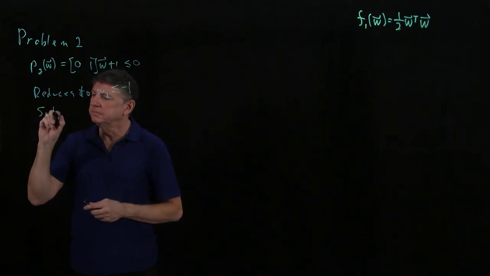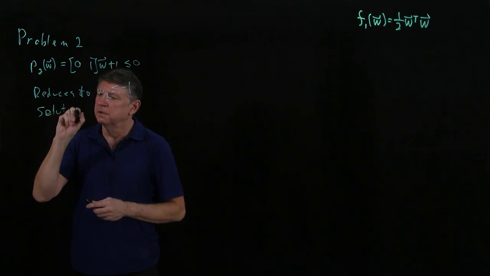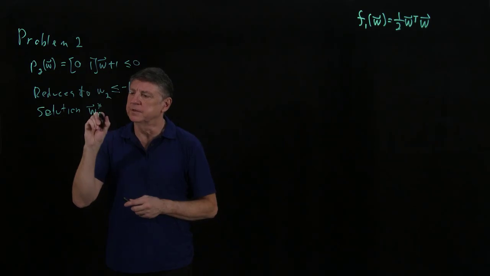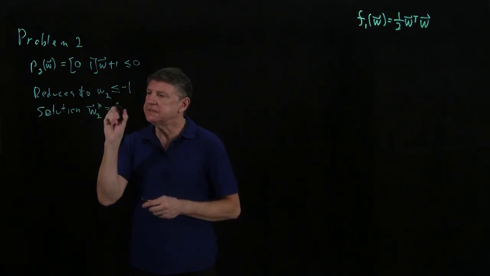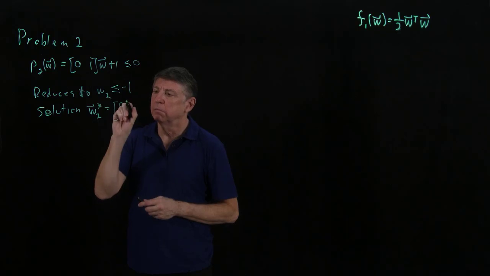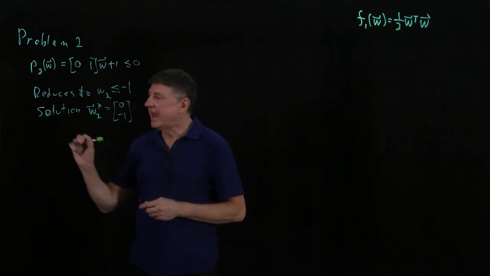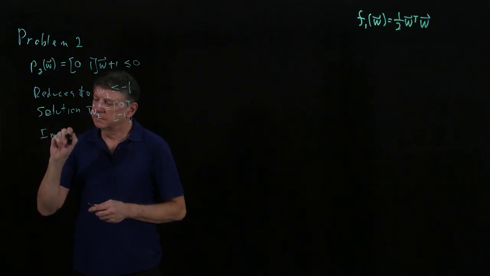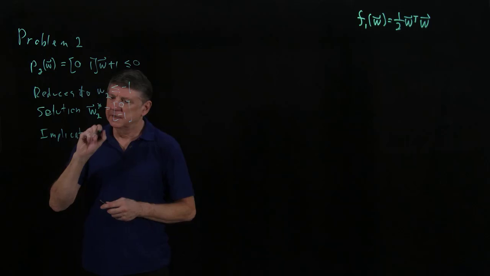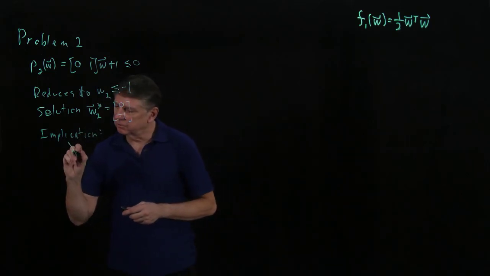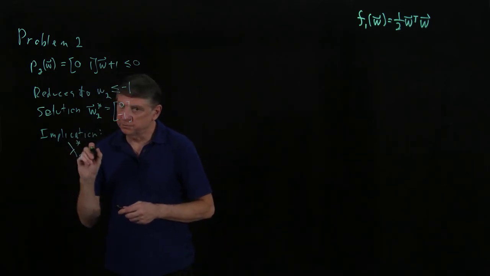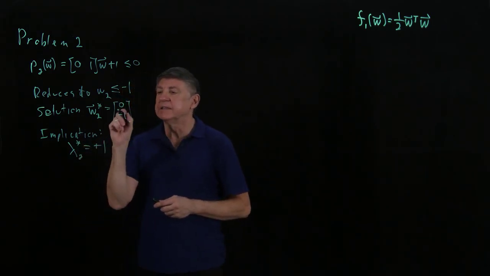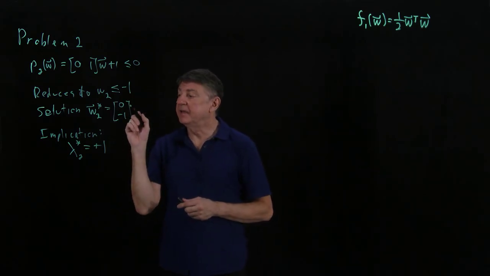So the solution must be that w star for this problem has to equal [0, -1]. And the implication is that the Lagrange multiplier for this problem has to be plus 1. That is, this constraint has to be active.